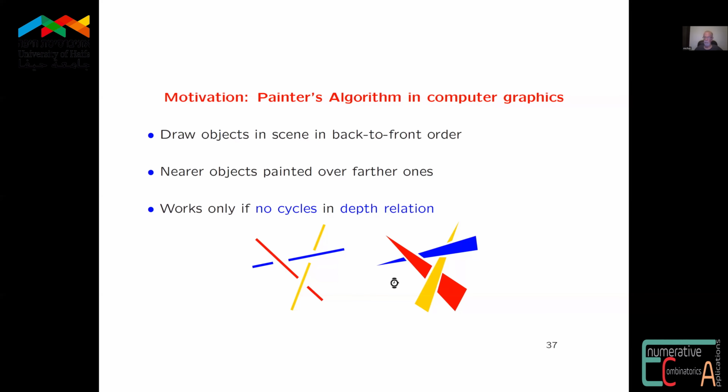So there is no way in which you can order these 3 triangles as they are and apply the algorithm. You need to break the cycles. If you manage to get rid of the cycles, you can draw the pieces one by one by the same heuristic.